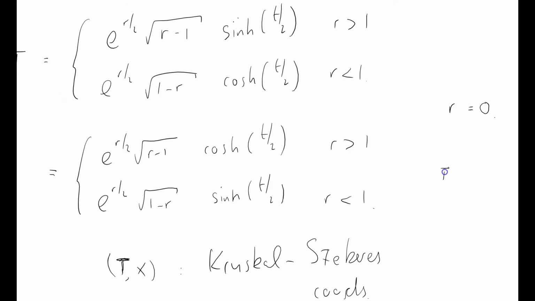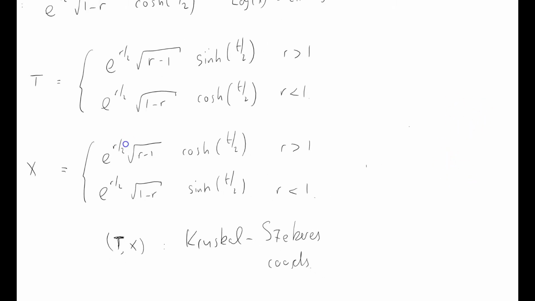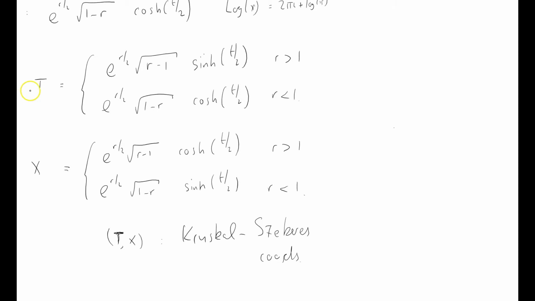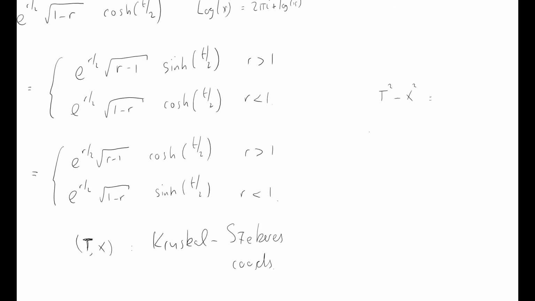Let's do a little bit of formal analysis here. Let's see what t squared minus x squared is. If we square this equation, it's just e to the r times (r minus 1).